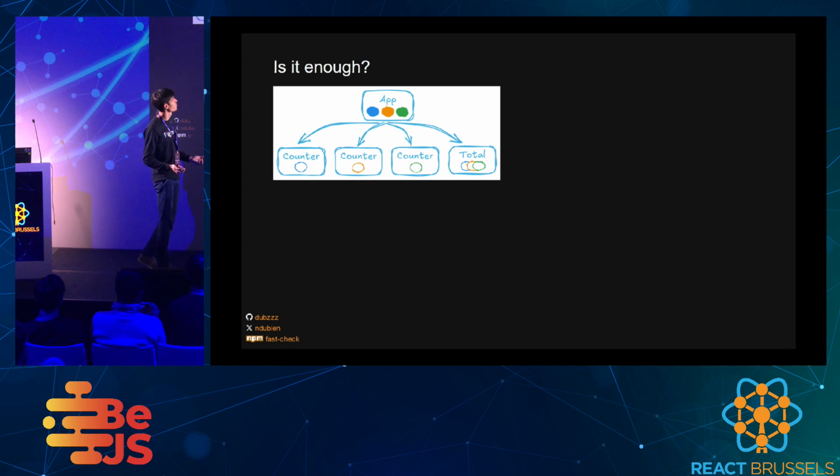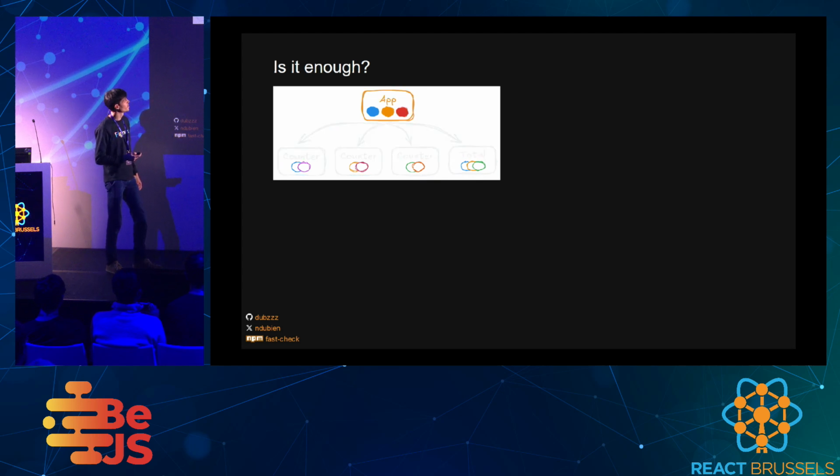Was it enough? First thing I want to say is that the counter doesn't have only one property. It has two properties, one which is the value, and the second one which is the increment function. And if you see my point, when we press the increase button in the app component, so we change the state, so it moved from green to red as before, we don't know at this point if the counter will still be there.